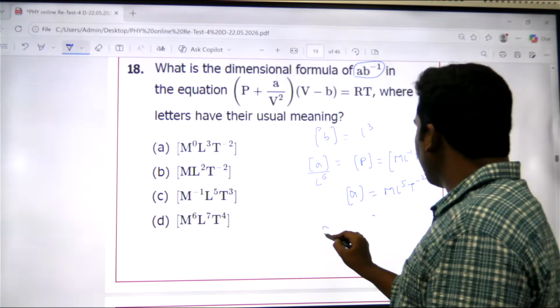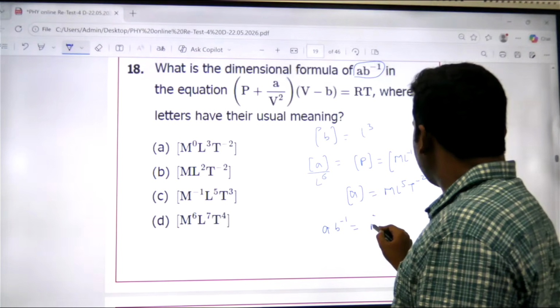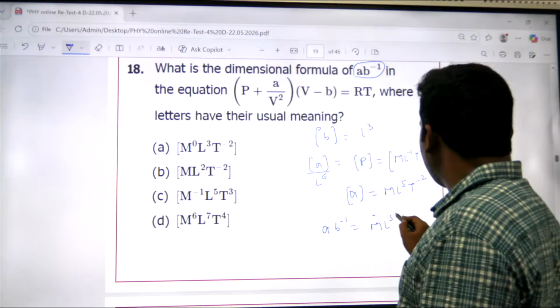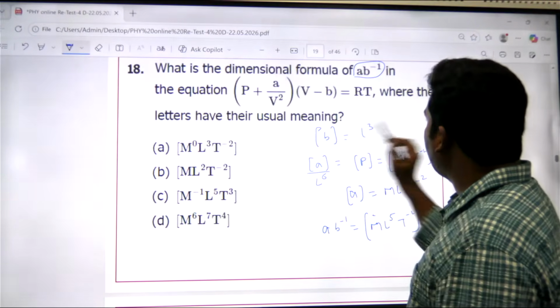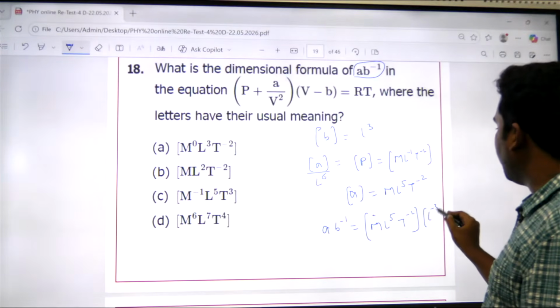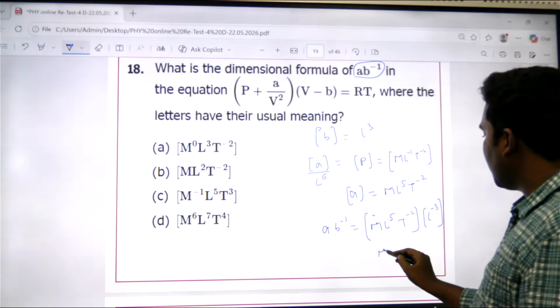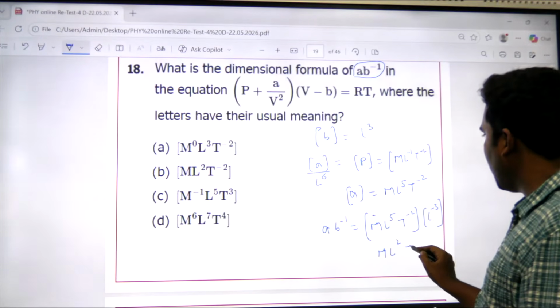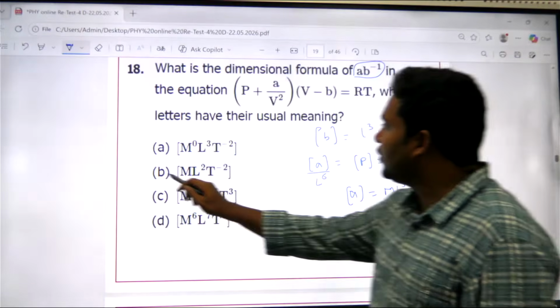So L power 5 into L power minus 3 gives M L square T power minus 2. It is option B.